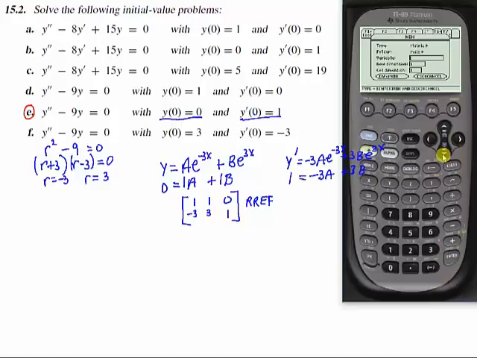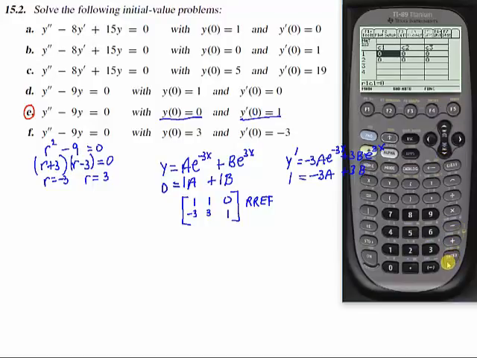We'll give it any name you want. I'm just going to use an M for mine. And the rows would be 2, and the columns would be 3. Enter, and we enter the numbers.